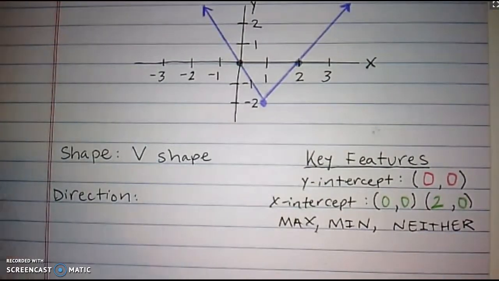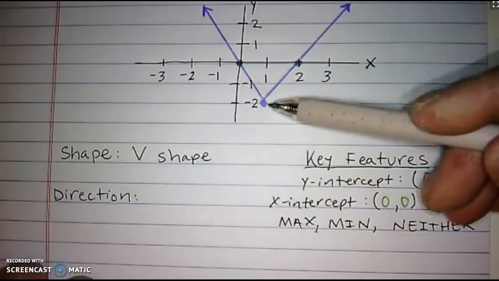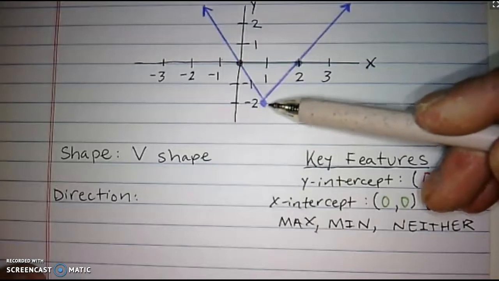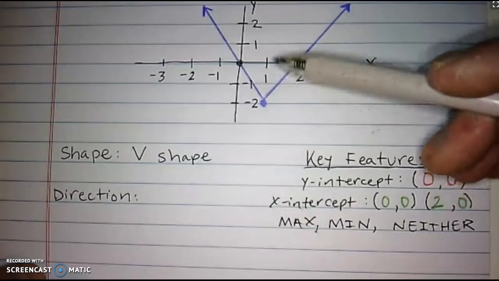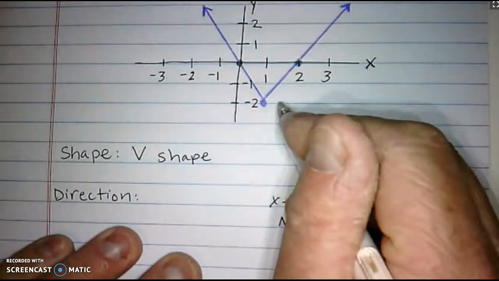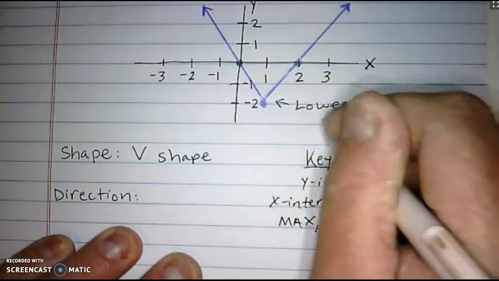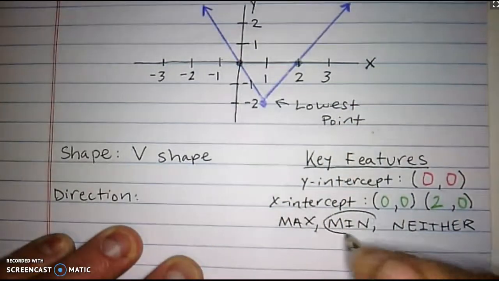Now, the other thing I noticed is that this point right here seems to be the lowest point that the y values go to. That's as low as it goes. And it seems like it always opens up from here. All right, so what that means is because this is what I would call the lowest point of the graph, that means that we have a minimum in this case.